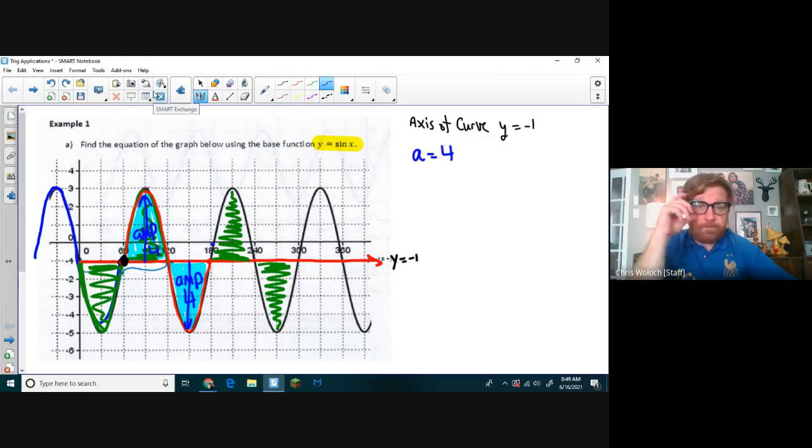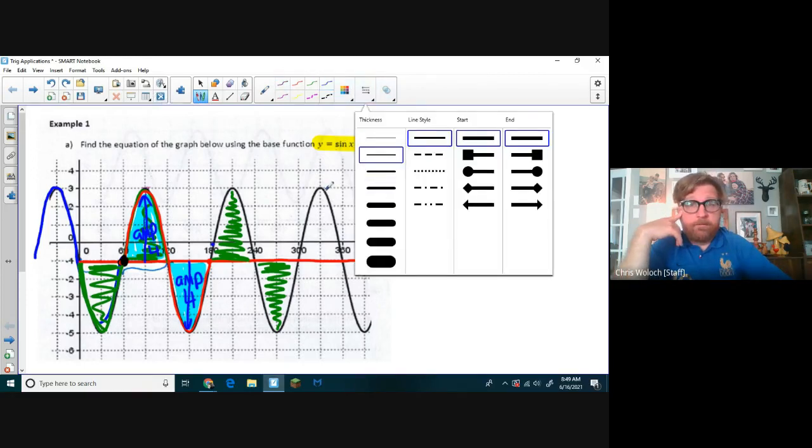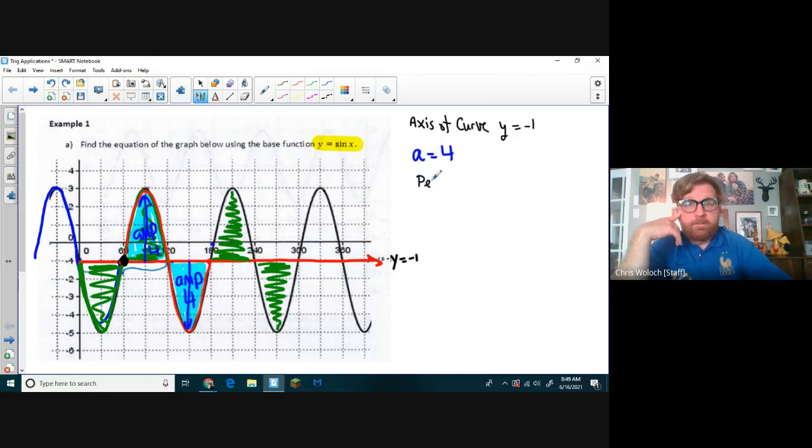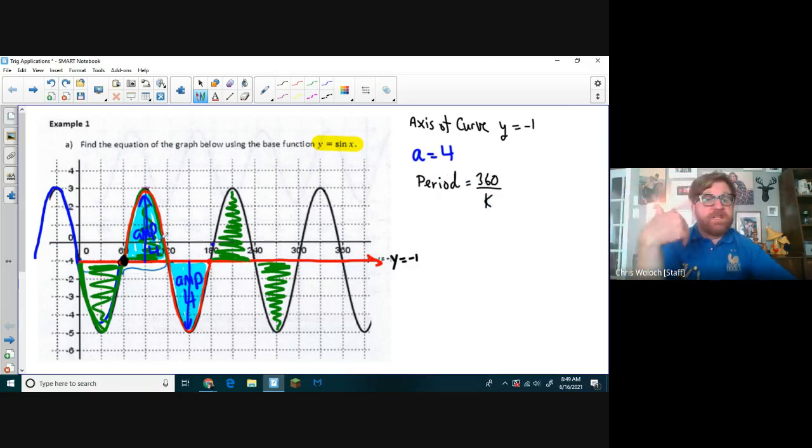Now, we need to figure out the period of the function. Remember, for the period, I use this formula if I knew what k was in the equation, because yesterday we were given a bunch of equations and had to find the period.